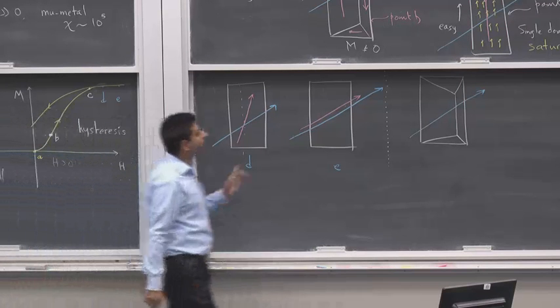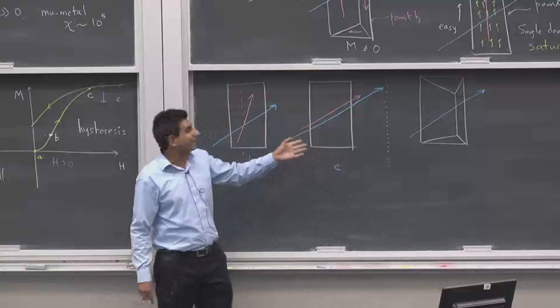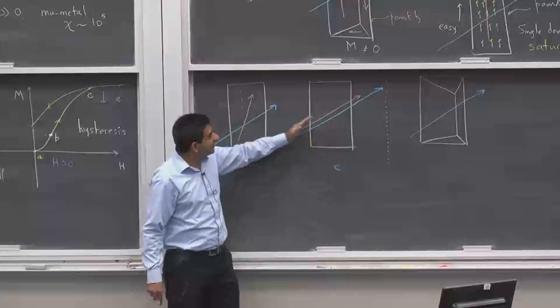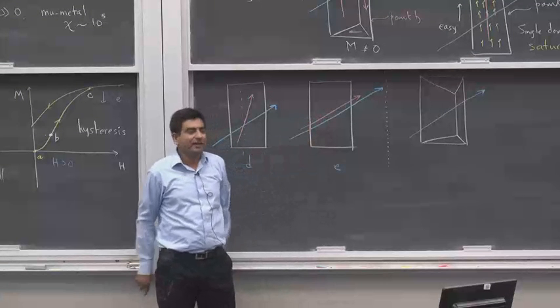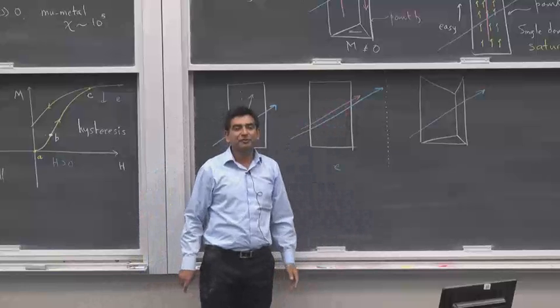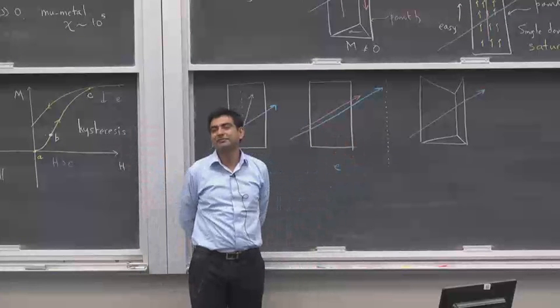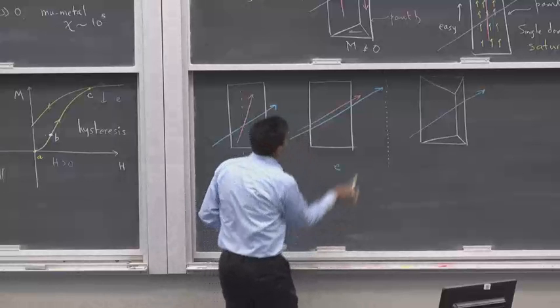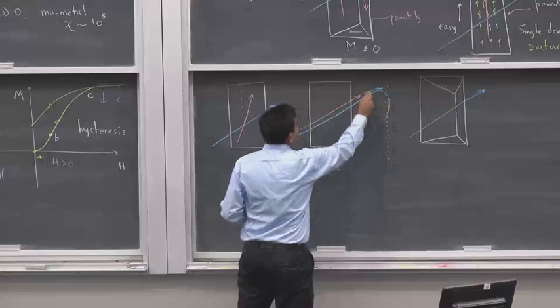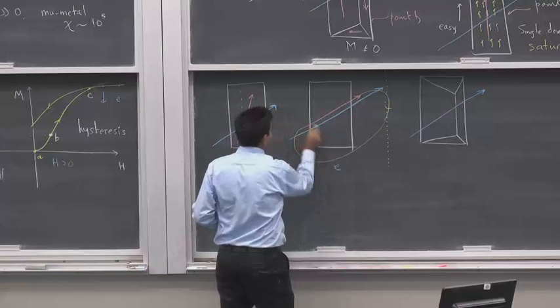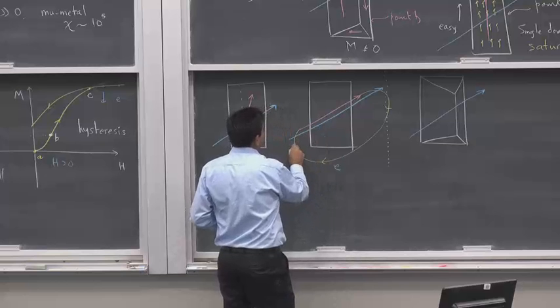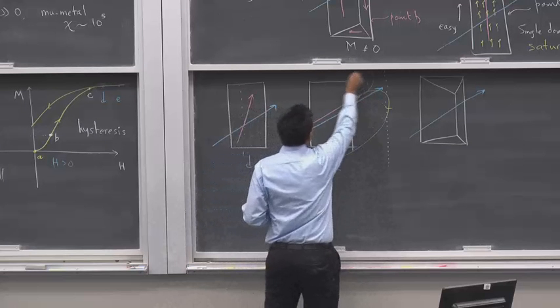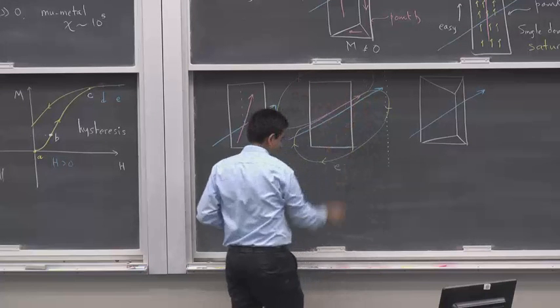Alright, so what's going to happen here? Look at this configuration. This magnetization is along a hard axis and it's acting like a big dipole, so it's going to produce a magnetic field outside this particular region, like this. Which means that the magnetostatic energy of this configuration is large.